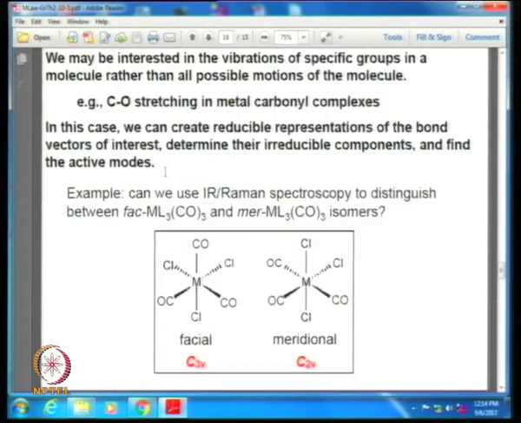This particular example, just to explain what it is about, he says, how will you distinguish the same chemical content molecule, MCl3(CO)3, as FAC and MER, where the chlorine and the CO radicals are exchanged.